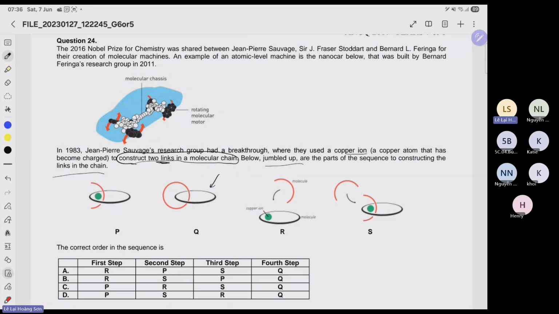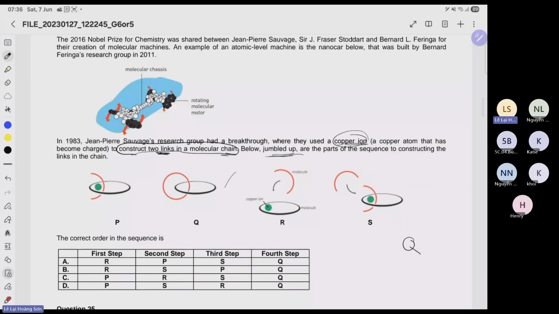You have two links in a chain, so this must be the final step. So it is going to be at the bottom. Moving on, we have copper. Basically you use copper to induce the interaction between two different molecules.